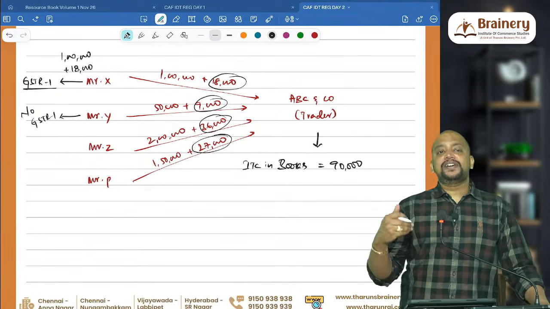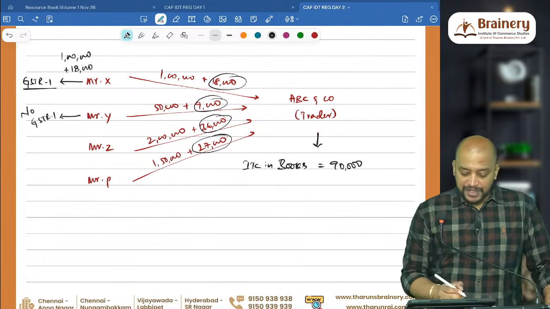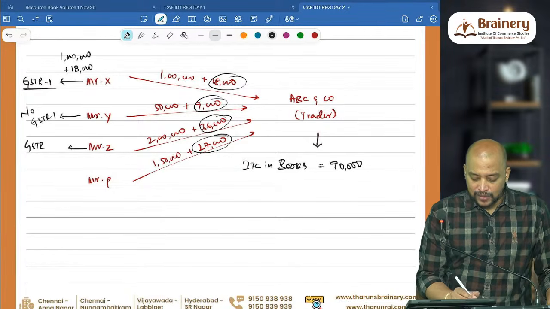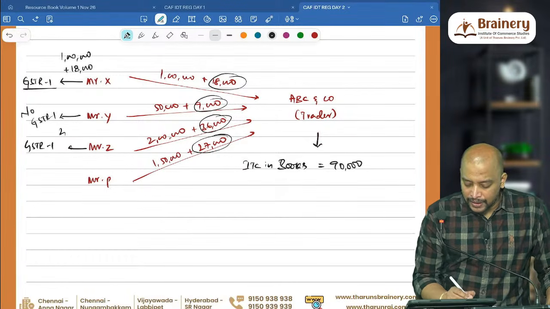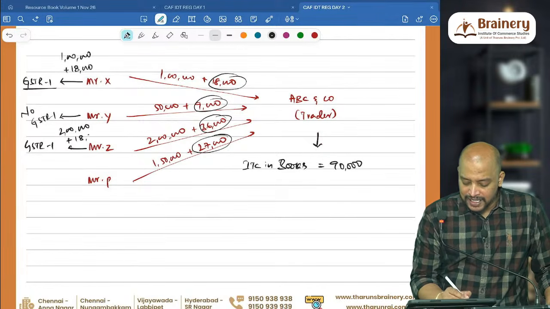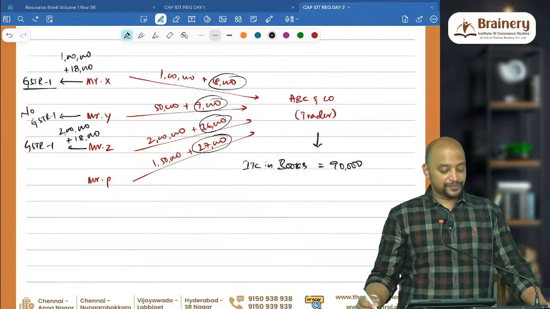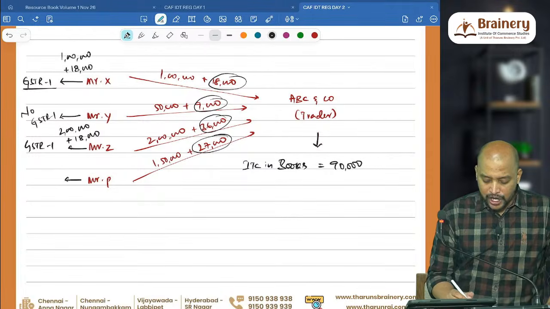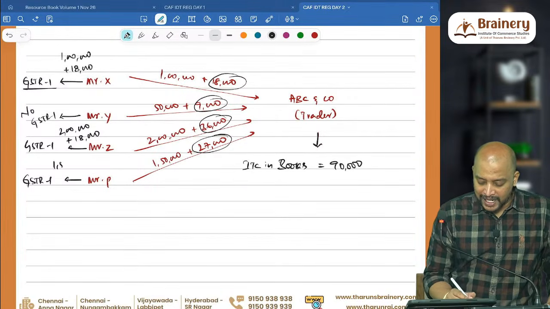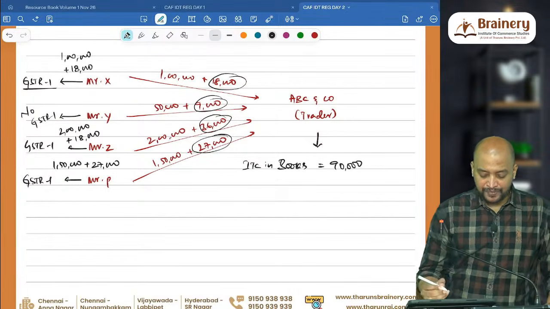Mr. Z filed GSTR1, but in that 2 lakhs plus 18,000 is mentioned instead of 36,000. And Mr. P normally filed GSTR1 and they mentioned 1,50,000 plus 27,000.